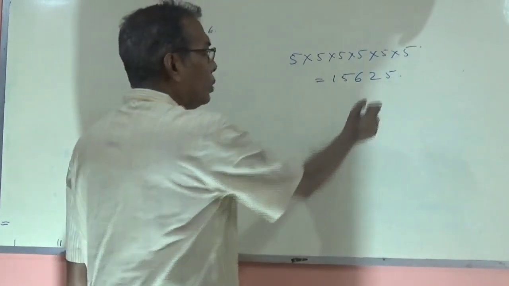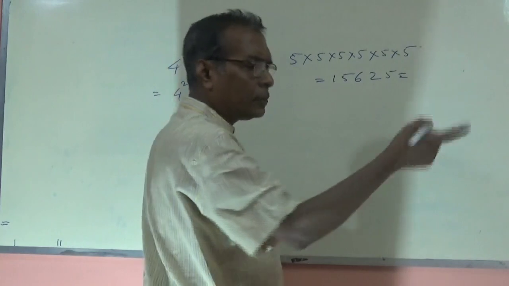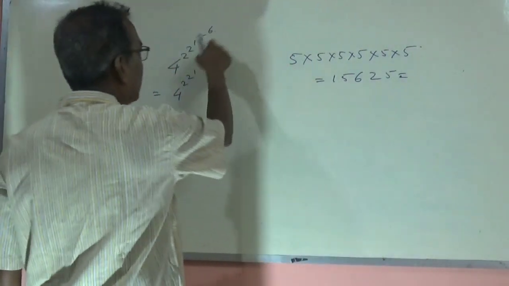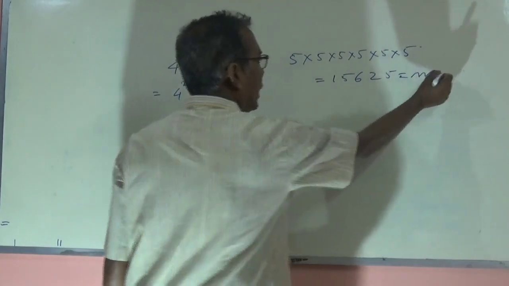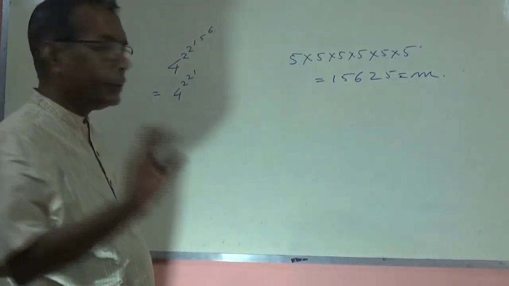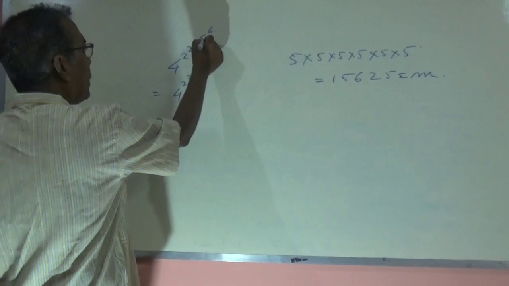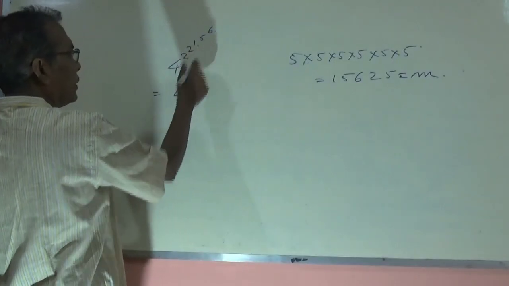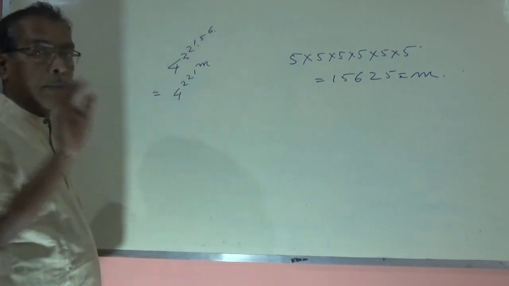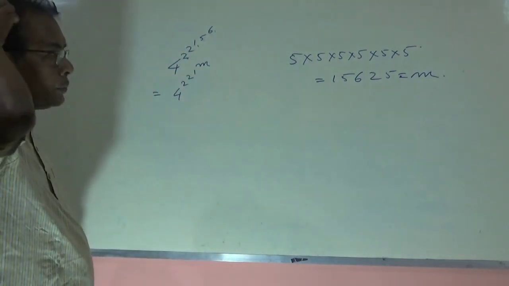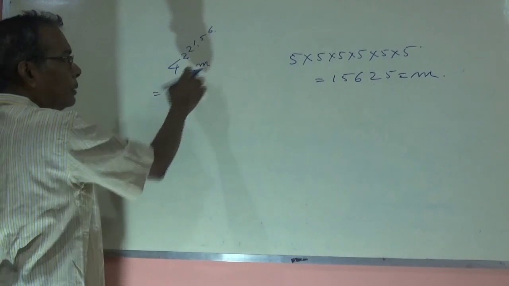I am not going to write this big value here. Instead, I am going to write m, so 5 power 6 is m, say suppose. Now I find 1 power something is there.